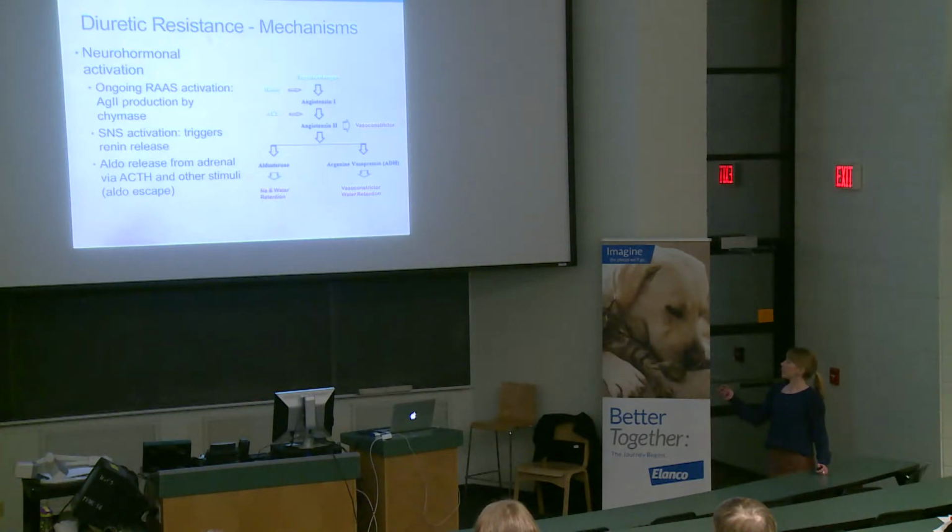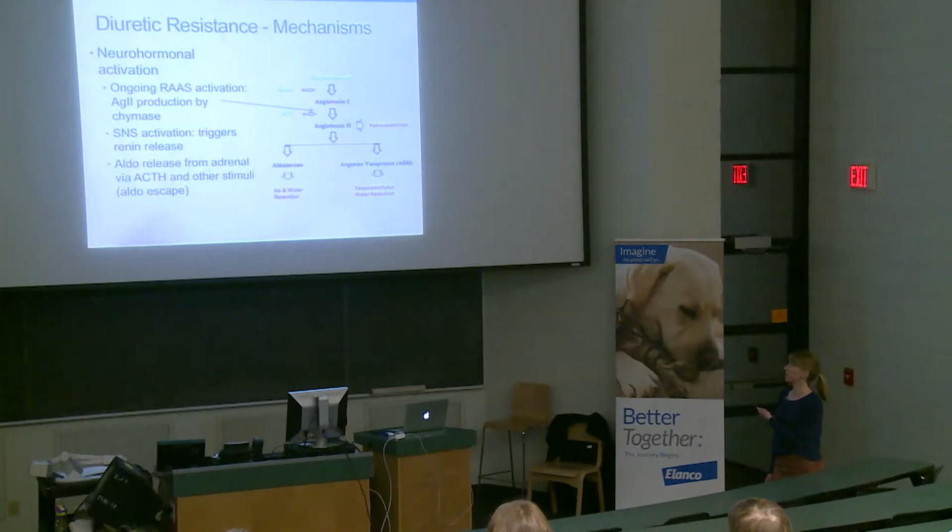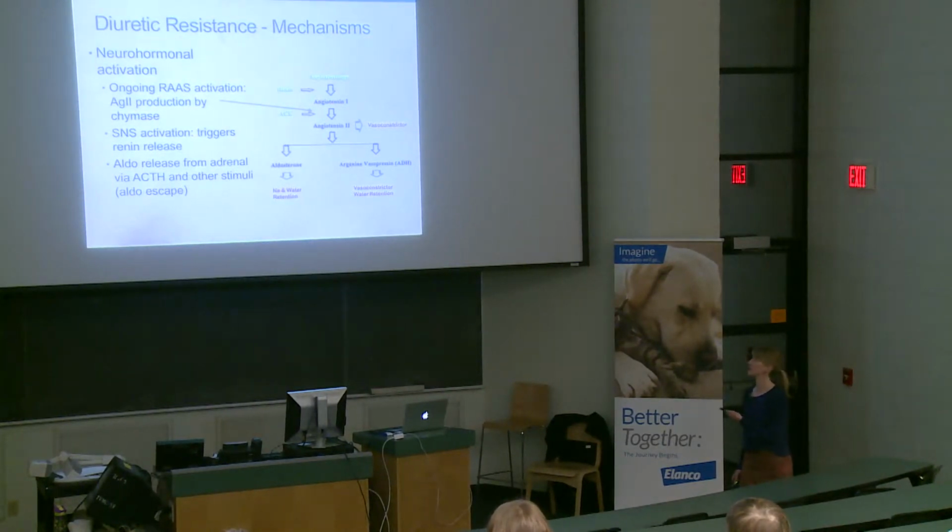So we know that with the renin-angiotensin-aldosterone system, it's usually the ACE enzyme that is responsible for conversion of angiotensin 1 to 2. However, and particularly in the dog, there are other enzymes that are involved in the conversion of Ang1 to Ang2, specifically the chymase enzyme.